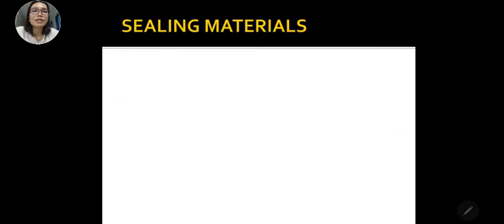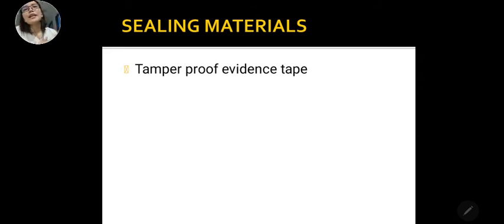And we have to seal this evidence using a tamper-proof evidence tape. Kung wala naman tayo nung provided na evidence tape na tamper-proof, we can always improvise to make a tamper-proof evidence tape. Hindi naman kailangan yung laging may evidence, ganun.